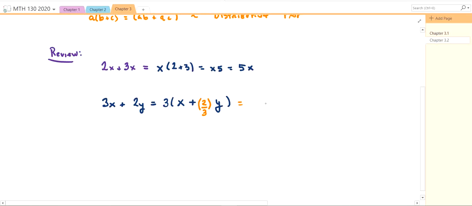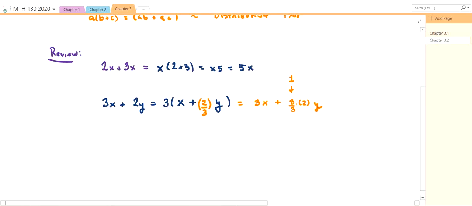But kind of what I'm talking about here is we've got 3x plus, and we can think of this as 3 over 3 times 2y. So I added this 3 over 3, which of course is just 1, multiplying.